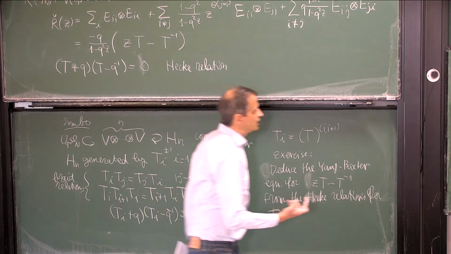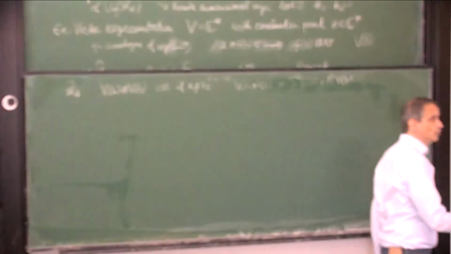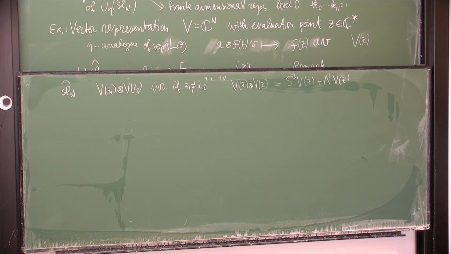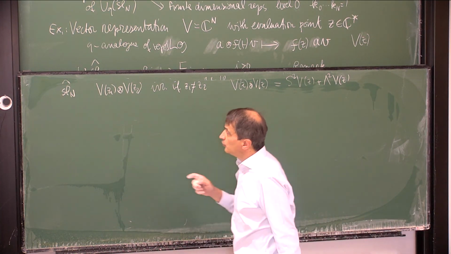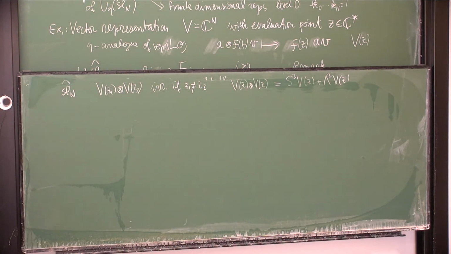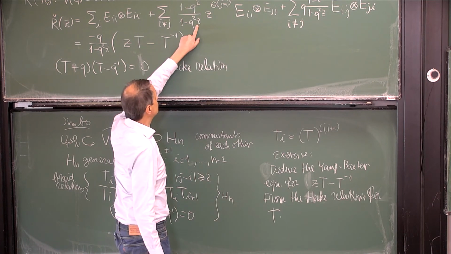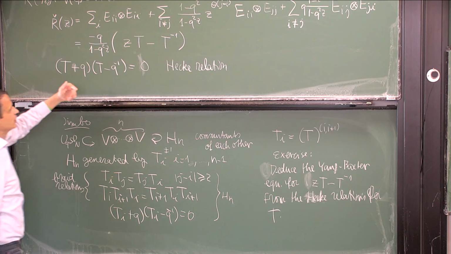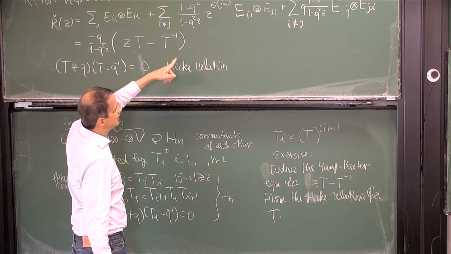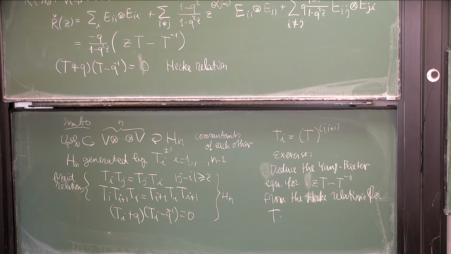And what happens is that something special no longer happens when Z1 is equal to Z2, but when Z1 is equal to Q squared Z2, or something like this. Namely, if you look at the R matrix, it is not defined if Z is Q to the minus 2, and you can also check that it is not invertible if Z is equal to Q to the 2.